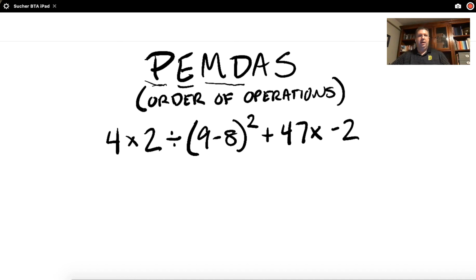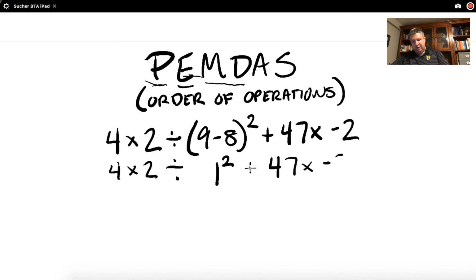All right, let's start with our parentheses first. So the P in PEMDAS, 9 minus 8 is 1. So I'm going to end up with 4 times 2 divided by 1 squared plus 47 times negative 2.